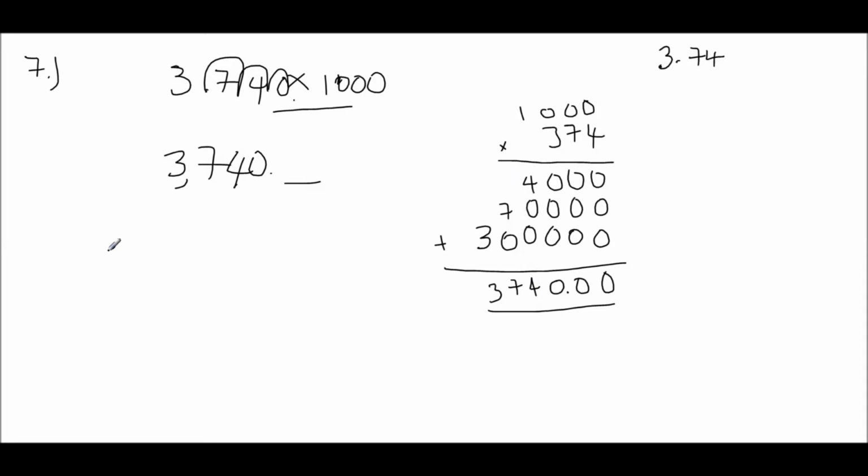So once again, 3.74 multiplied by 1,000. Short way of doing it is moving this decimal point 3 places to the right. 1, 2, add 0 and 3, and then you write 3, 7, 4, 0, and our decimal place would be here. Alright, so that's a short way of doing it.